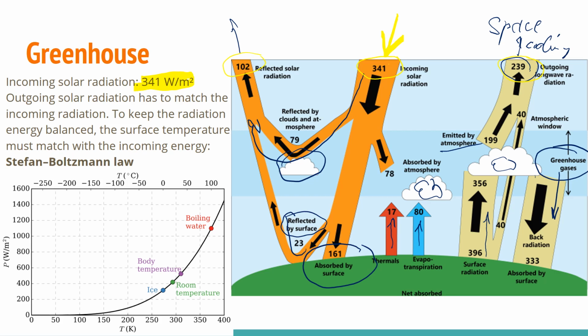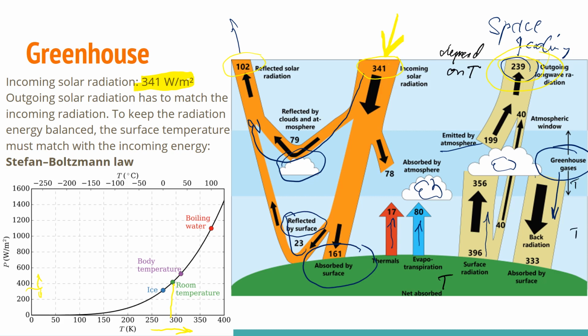This thermal radiation is now very strongly depending on the temperature. So that means if you change the temperature, the radiation is changing. So this number here is strongly dependent on the temperature of the surface here and of the atmosphere.